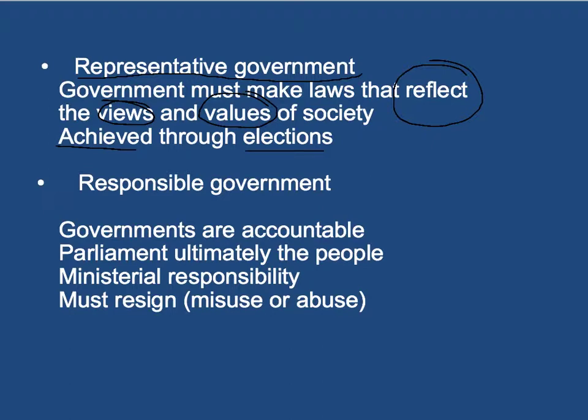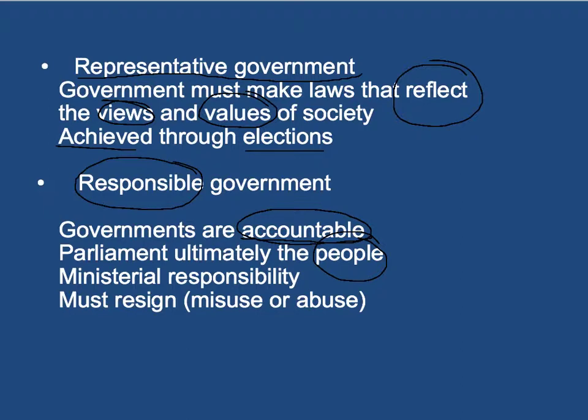The second of those principles that we'll look at is responsible government. Here, this means that the government is accountable. In other words, it's answerable to the people who elect it. They are ultimately responsible for the people, to the people, or to the electorate.